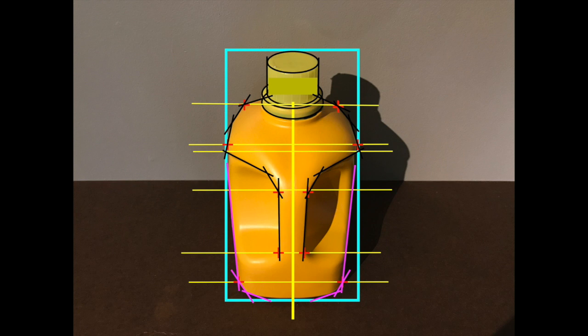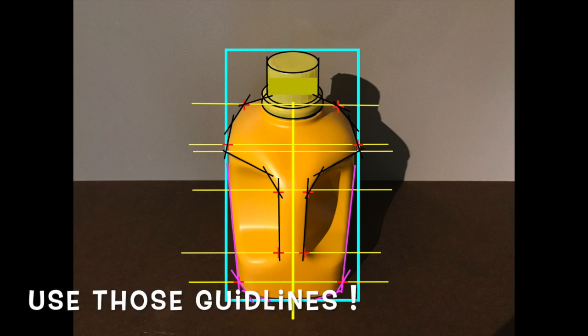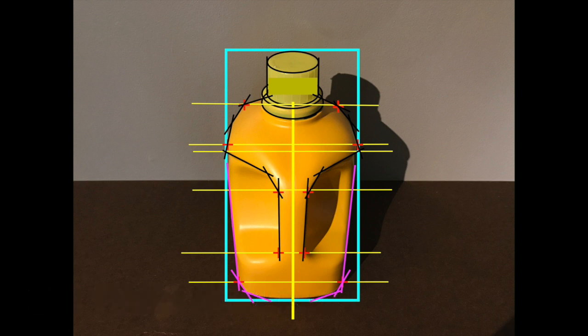So coming back to this more complex symmetrical form, you can see that I've broken down the high, low, left, right placements of changes of direction that were the most important. And once again, when we're translating these relationships to our paper, we want to make extensive use of those guidelines and of those intersection placements.